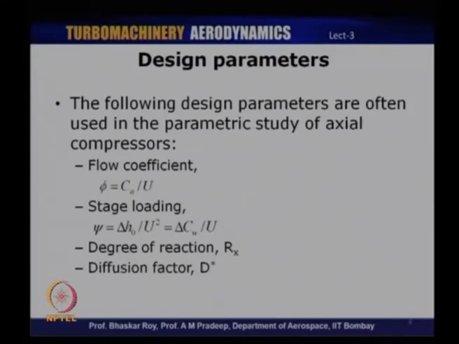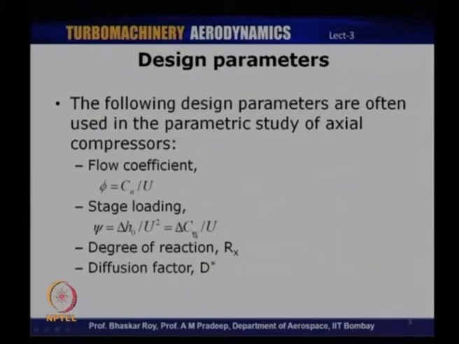The other parameter that we shall be interested in is known as the stage loading coefficient, usually denoted by psi, and this is equal to delta H naught by u square. That is, delta H naught represents the change in stagnation enthalpy across the stage, divided by u square. This is also equal to delta Cw by u, because delta H naught is u times delta Cw.